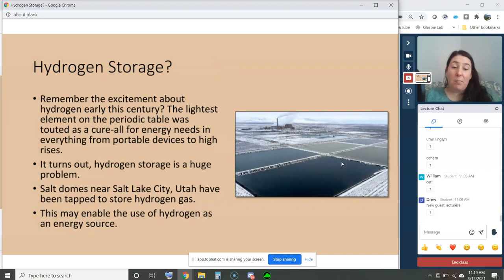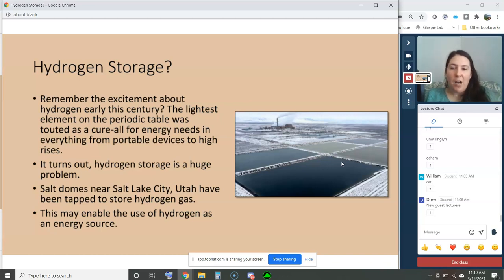And then finally, perhaps the best use of salt domes, it turns out, is as a storage area. So now people are talking about using these salt domes to store hydrogen. So there was a lot of excitement earlier this century about hydrogen as a fuel source. The lightest element on the periodic table, they're thinking that it was going to solve a number of our energy needs.